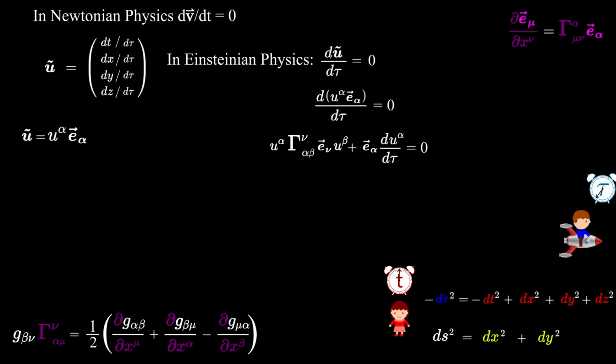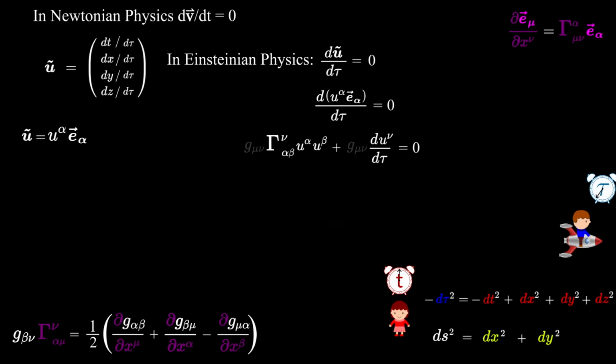Now in the second term, let's replace the alphas with nu's, since they are just dummy indices that we are summing over. This way we can now factor out an e_ν from both terms in the equation. Since e_ν does not equal 0, this implies that u^α Γ^ν_αβ u^β + du^ν/dτ = 0.